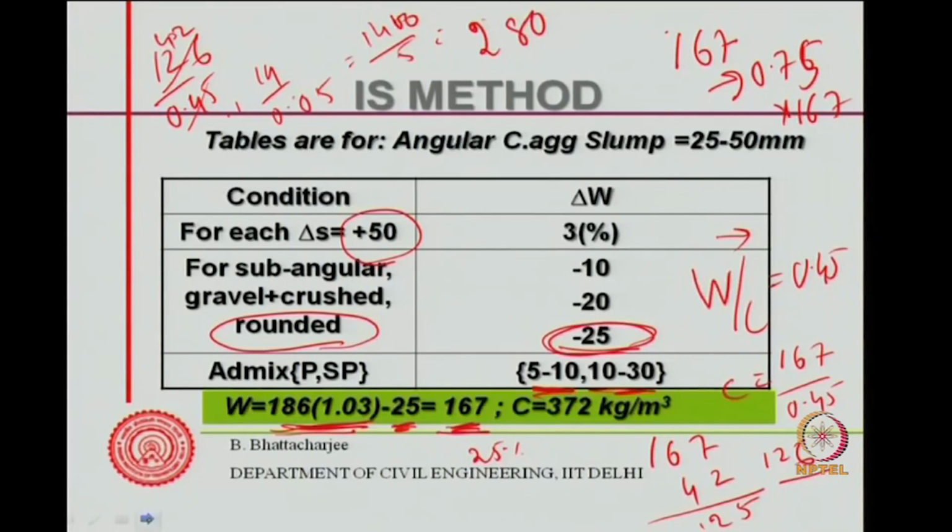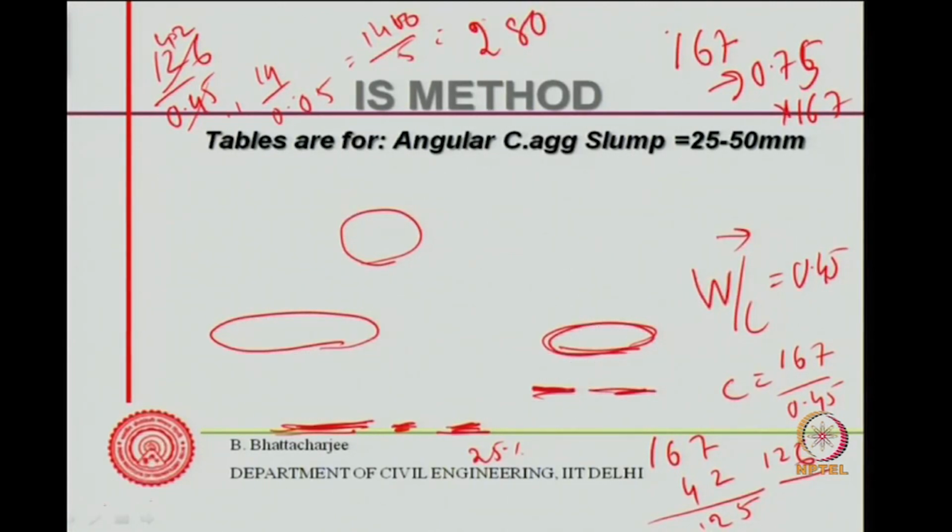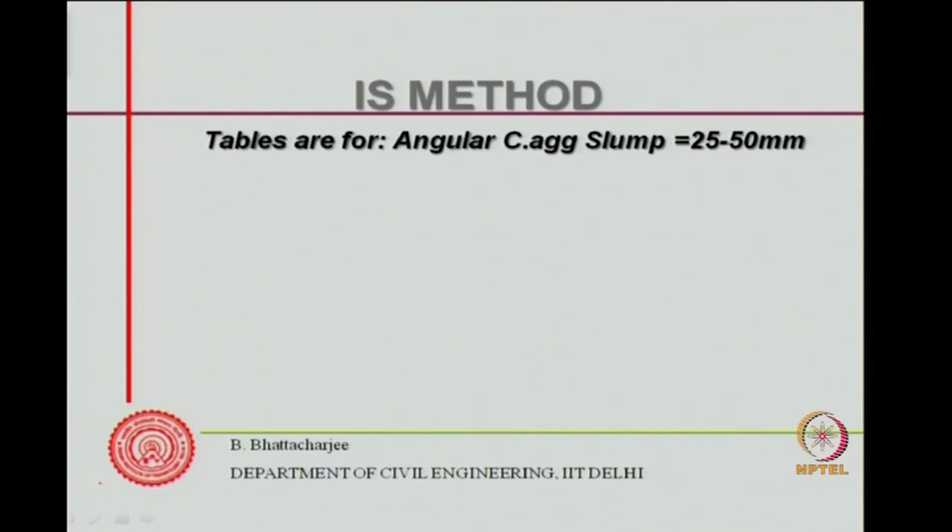Okay, this is for our control. Let's look at the calculation part of it first, then we'll come back again. So first of all, 167 was the water.